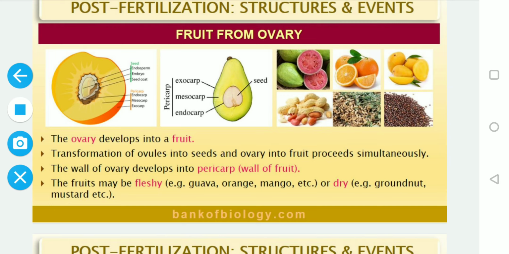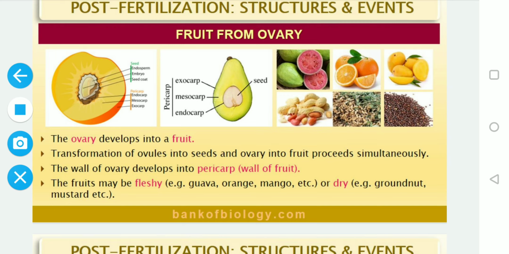The wall of the ovary develops into the pericarp wall of the fruit. That's what I said. Then the fruits may be classified into two types: fleshy fruits and dry fruits. We can give a number of examples: guava, orange, mango, citrus fruits. Almost all of them are considered fleshy.